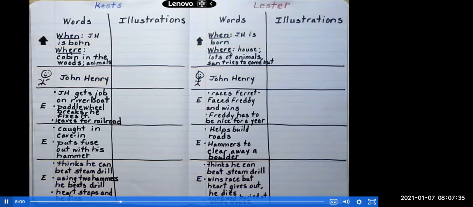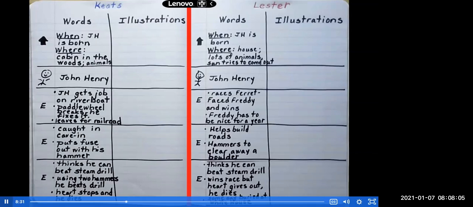Now let's contrast the two versions, which means we're going to look at the story elements and think about how the two versions were different from each other. I added a big red line to my journal to remind me to use language that signals to someone who's listening to me that I'm contrasting, that I'm going to be talking about the differences.